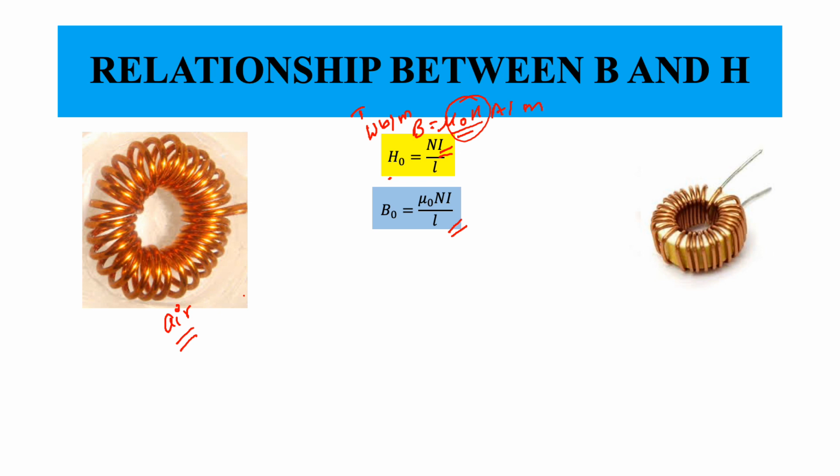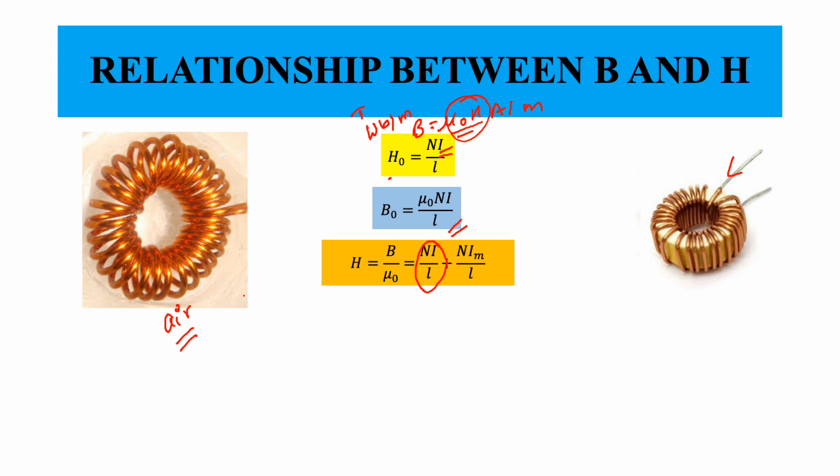So applying the same current, what will happen? The field produced must be due to two different reasons. There is a field that is produced because of the external current flowing through this wire, which is again mu N I by L. Okay, no surprise there.